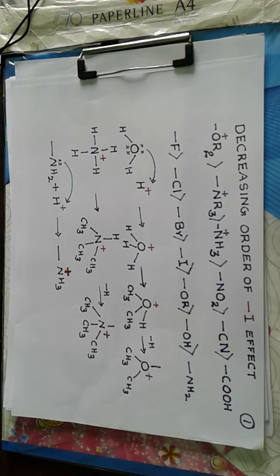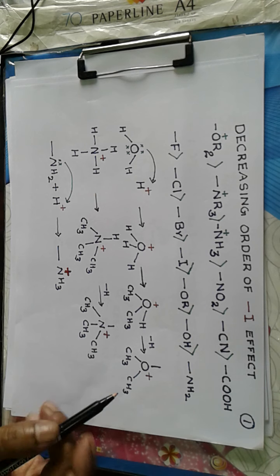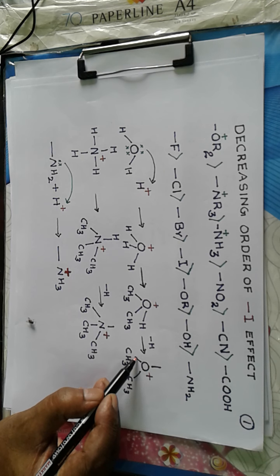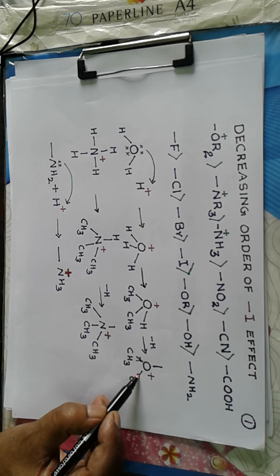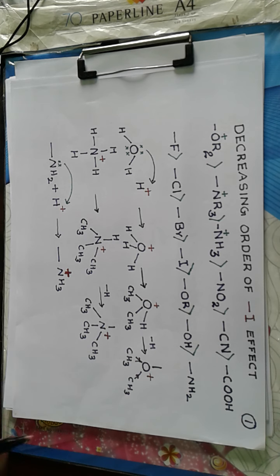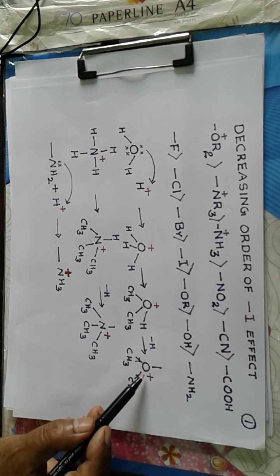Means the two methyl groups show a very weak plus I effect. Plus I effect we will see later. Now here you understand that since carbon is more electronegative, comparatively more electronegative, the plus I effect of methyl groups will be less. So there is a lesser decrease in positive charge.